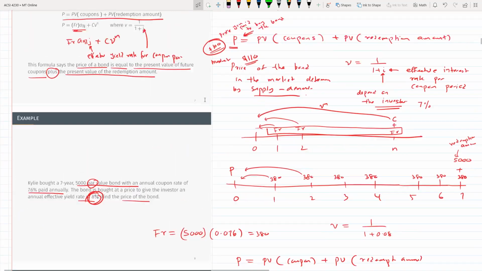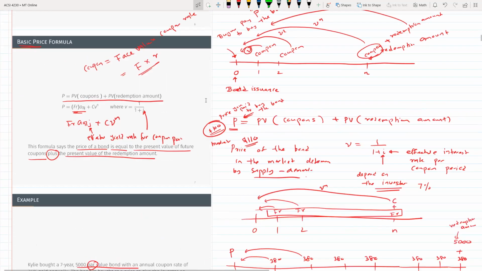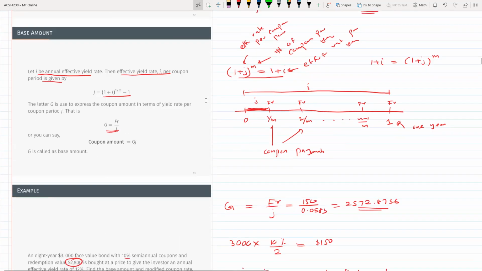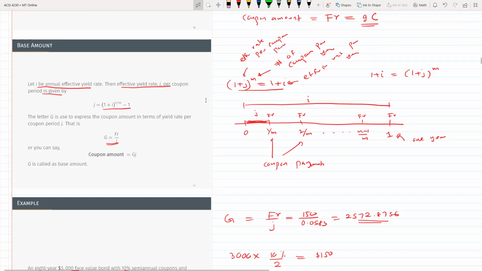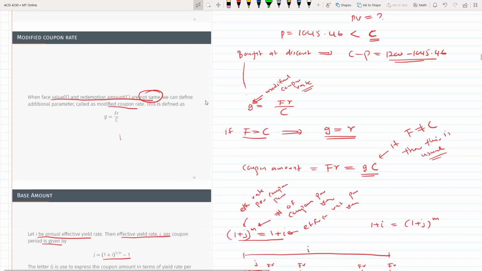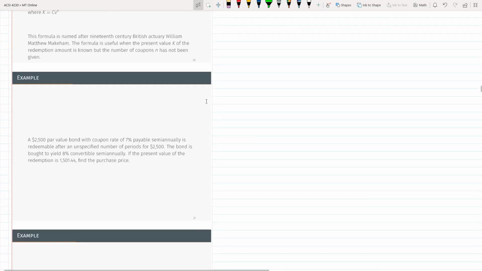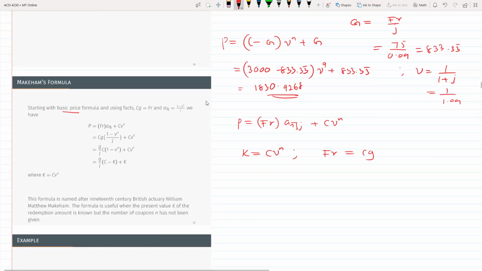If you look at the modified coupon rate, FR equals CG. So I'm using that FR equals CG. So let's substitute, and then also you have A and J equal 1 minus B and J. So let's substitute all of this. FR is CG.